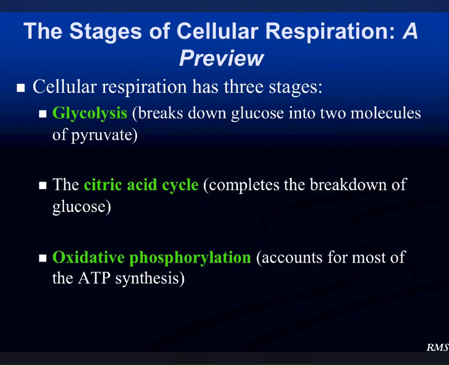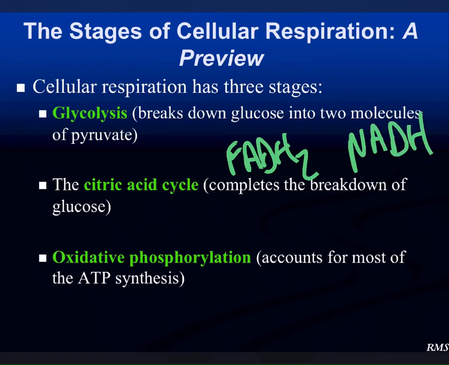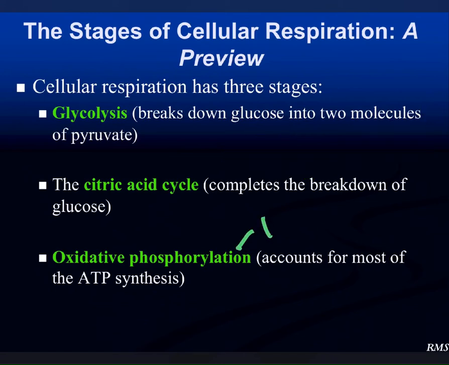This will also give you some ATP and NADH and another molecule you'll learn called FADH2. So just like NADH, that's an electron carrier. And then this is going to give you ATP, lots of it. So we'll talk about, once again, numbers coming up.